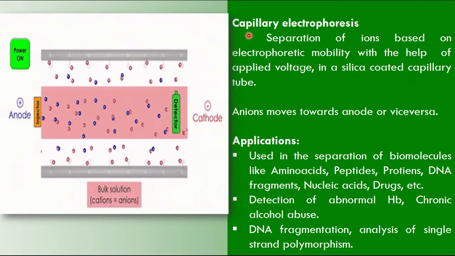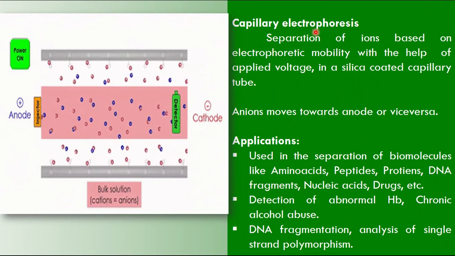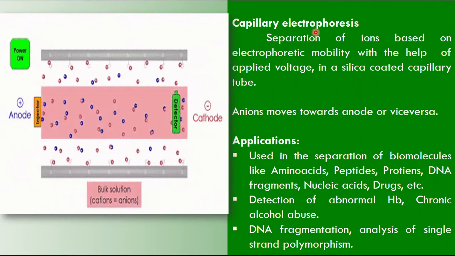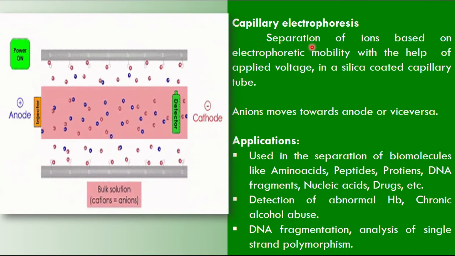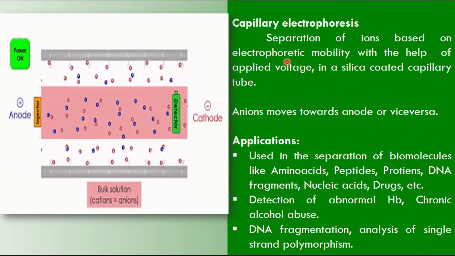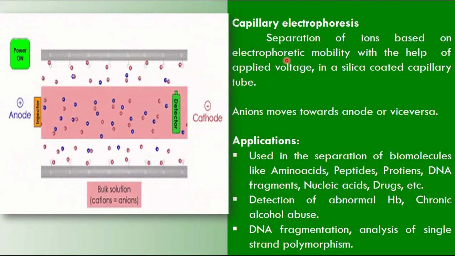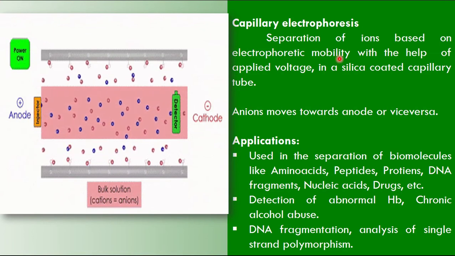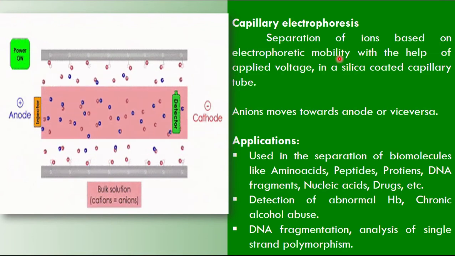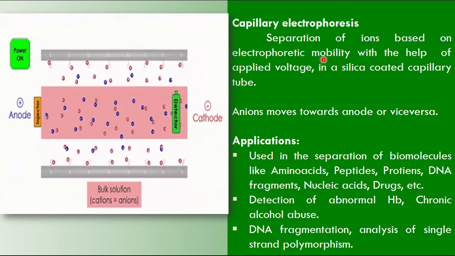Next method of separation is capillary electrophoresis. Capillary electrophoresis is a separation process where we separate the ions based on their electrophoretic mobility. Electrophoretic mobility is the migration of ions under the influence of an electrical field.